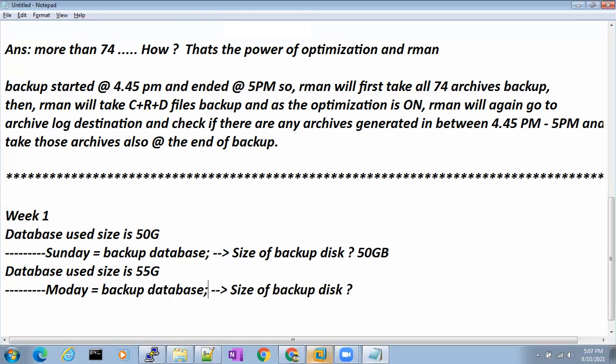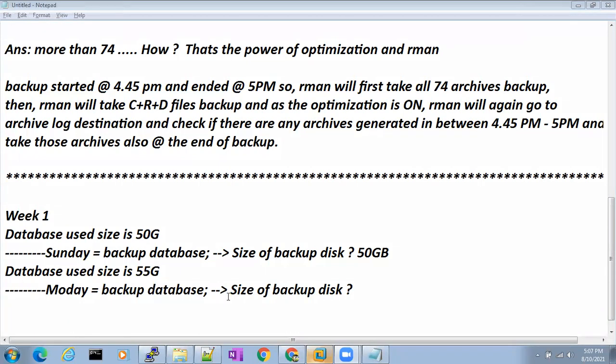Wait, I told you that we are following one thing, right? So I'll check whoever raised a hand and ask them the question. On Monday I have given this command: backup database. What will be the size of the backup disk now? Whatever the size of the disk is, the backup disk. Now the question goes to Srikanth.